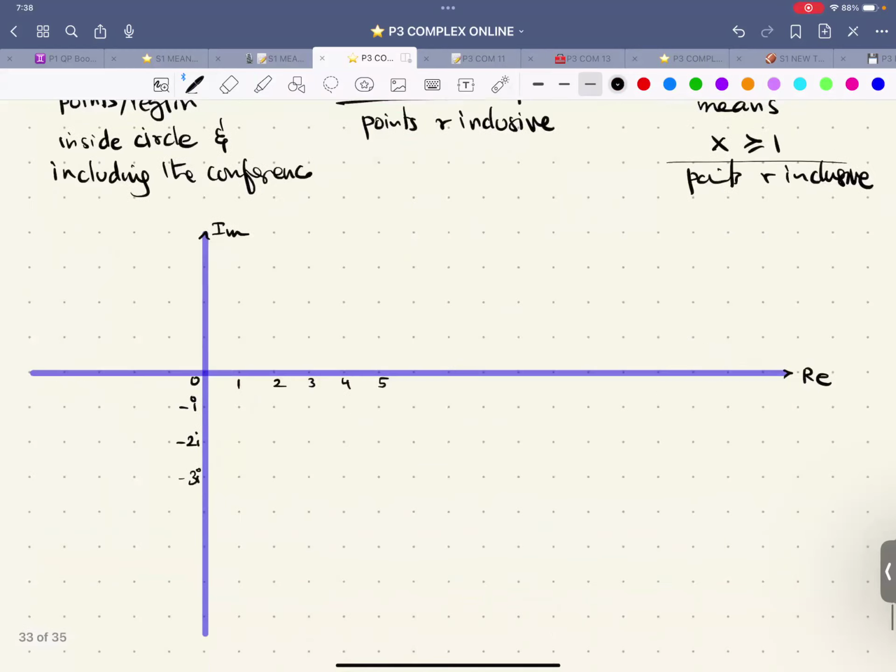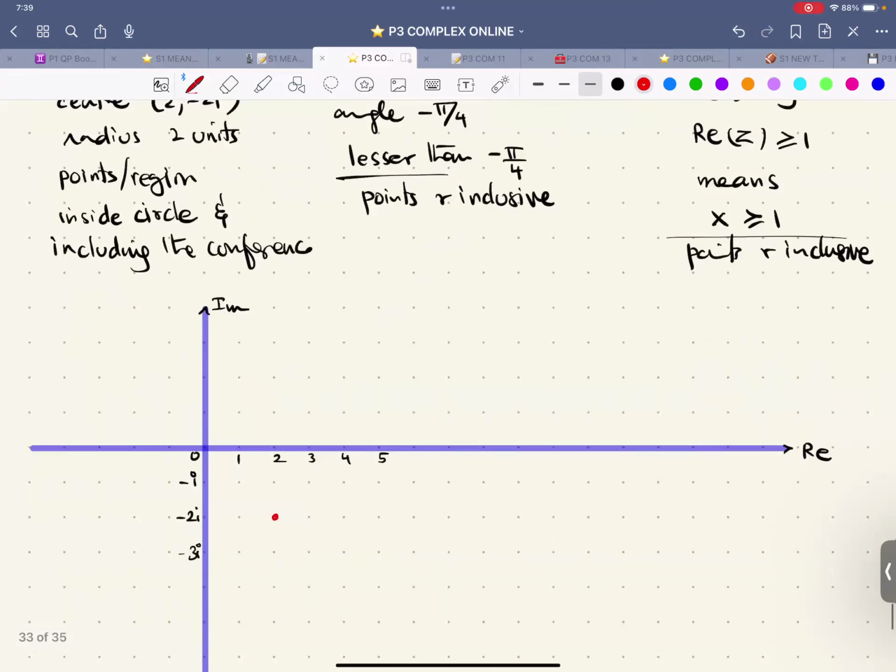And circle is in red color. So 2 minus 2, that is the center of the circle. Let me use red color for this. And the next thing is that I need to draw with radius 2 units. So that means the circumference would be touching the real axis.